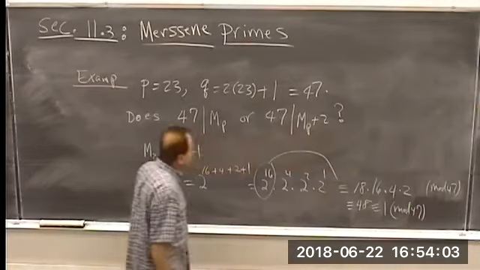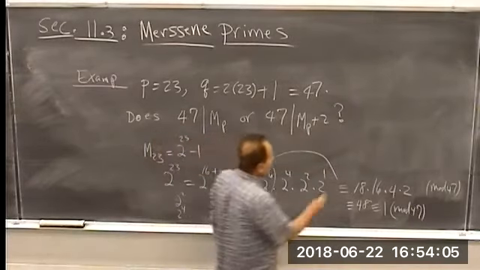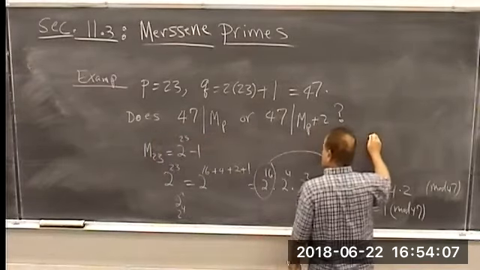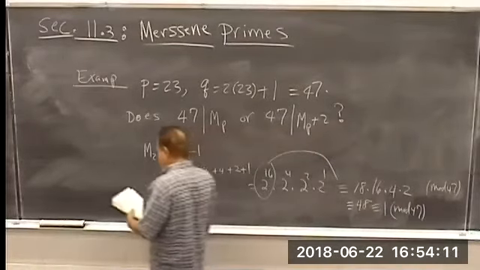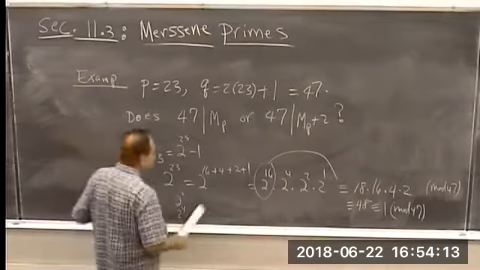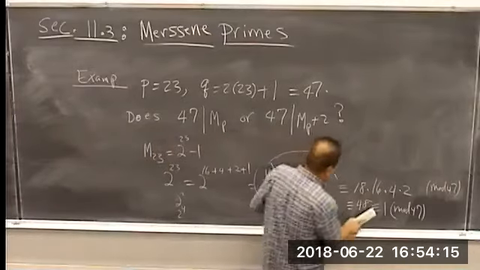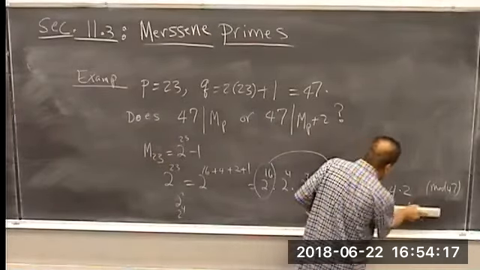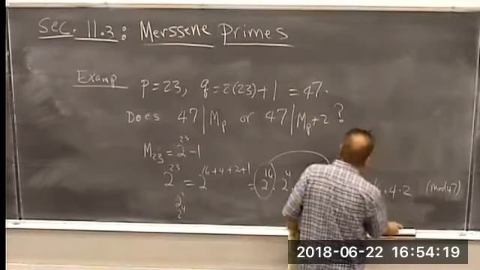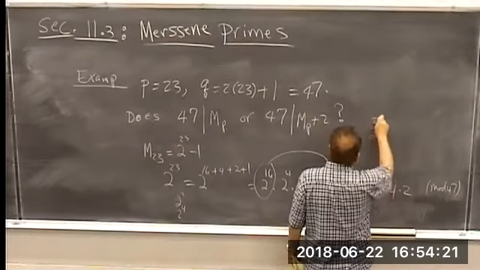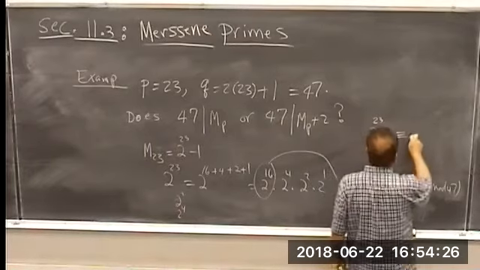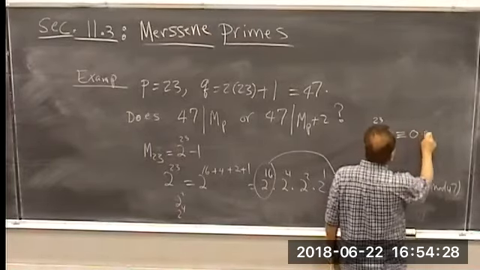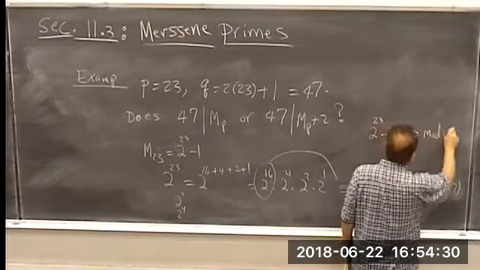So yes, this means that 2 to the 23 is 48 mod 47. And when you take 23 minus 1, this becomes congruent to 0 mod 47.